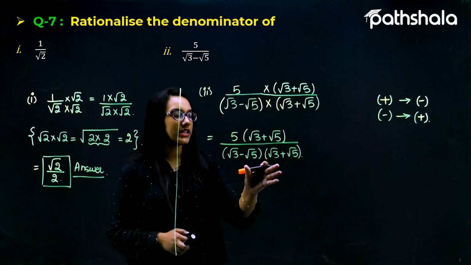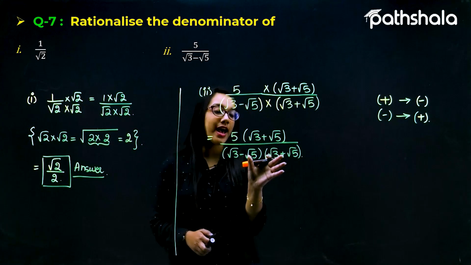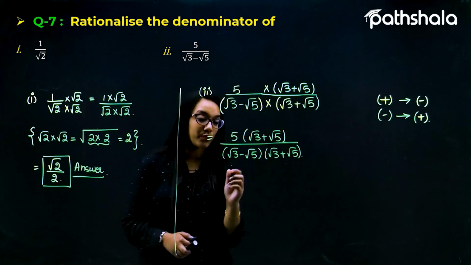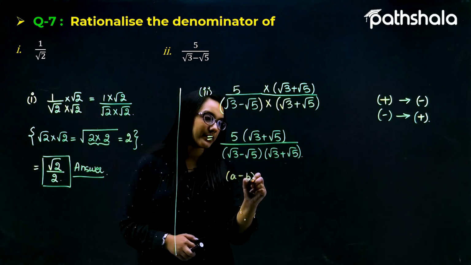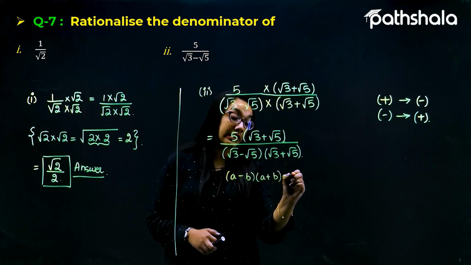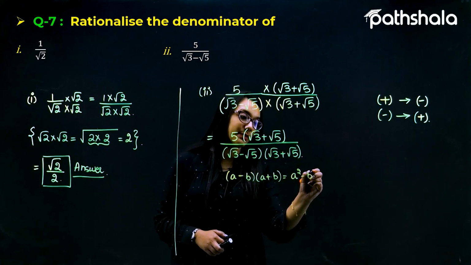In the denominator we have an expression of the form a minus b into a plus b, which is an algebraic identity resulting in a square minus b square.